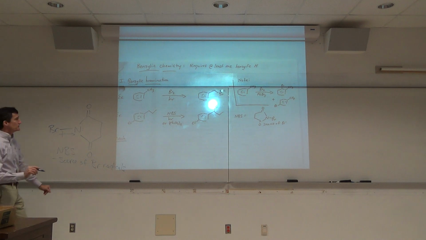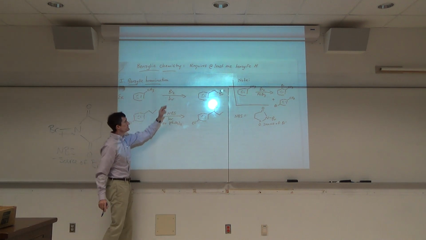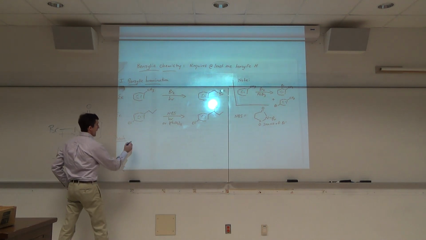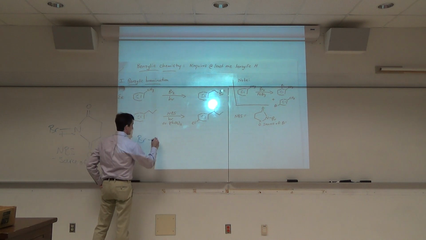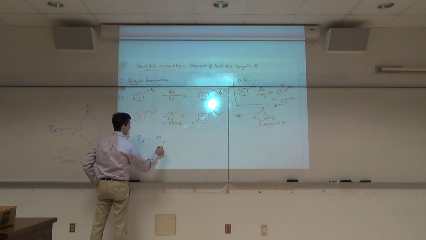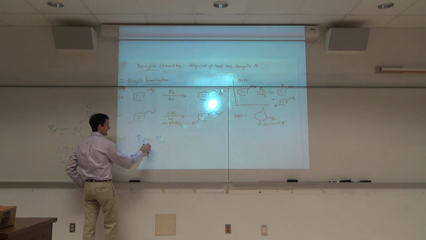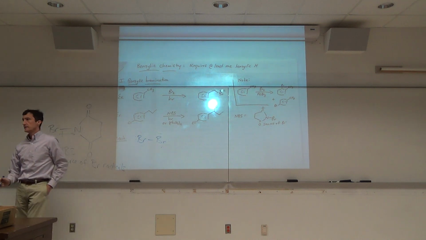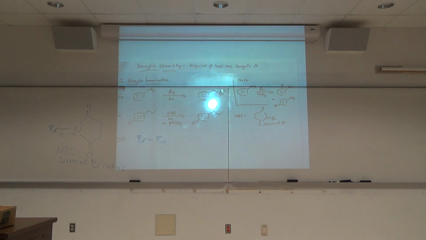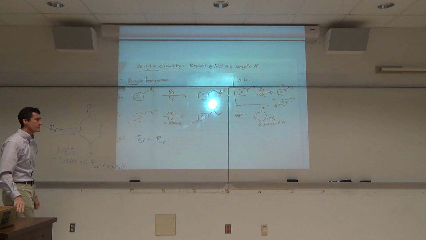I'm going to show the mechanism with regular elemental bromine. So elemental bromine is this. This bond here is fairly weak because the two atoms are both greedy and they don't like to bond to each other.